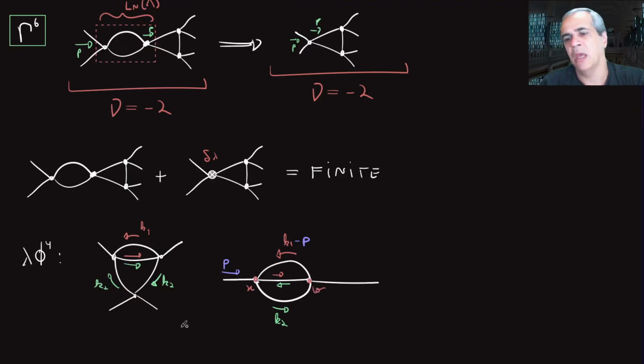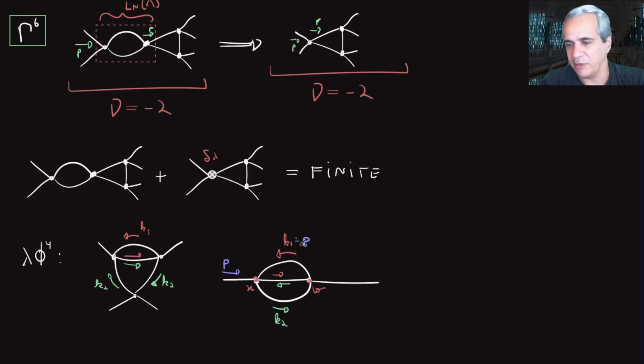Now, in order to see what happens here, let's take first the limit of one of these two momenta going to the UV, and the other one is still small. Of course, this is symmetric between the two.